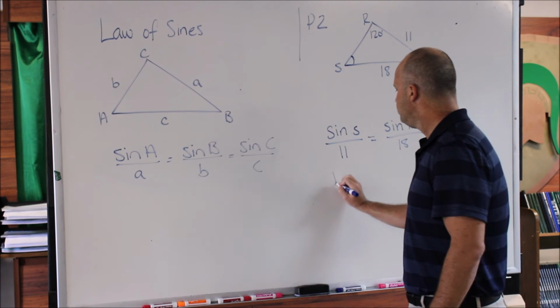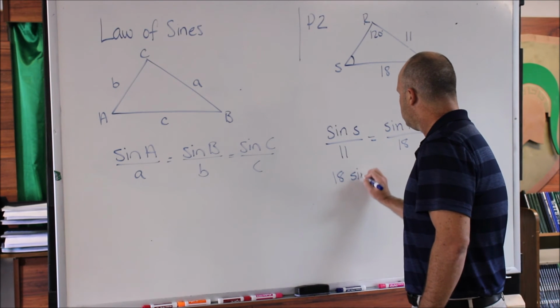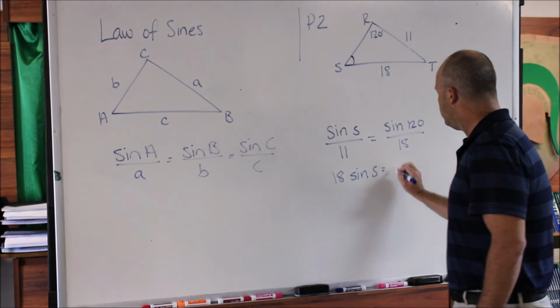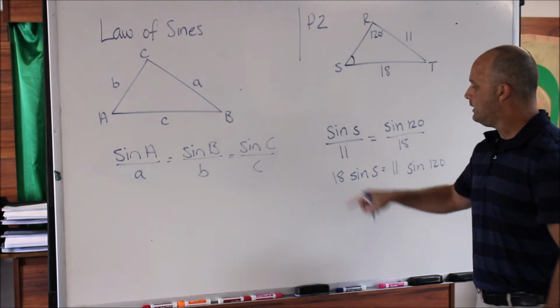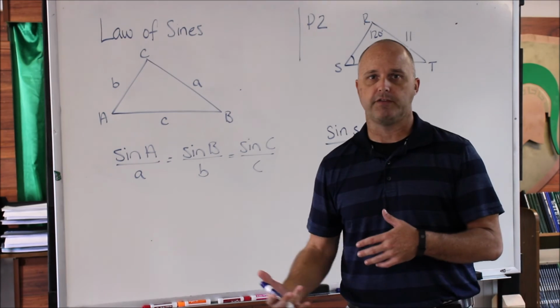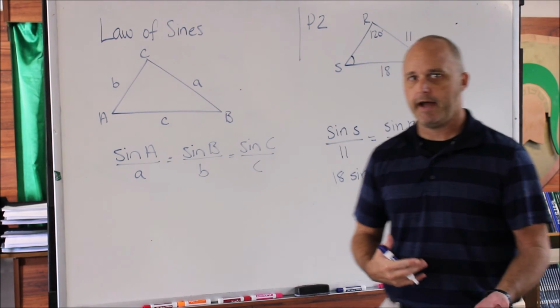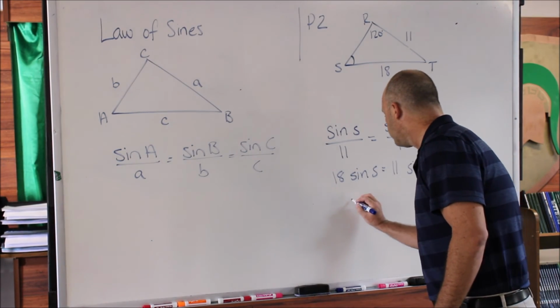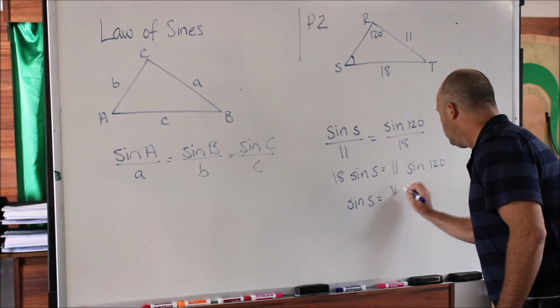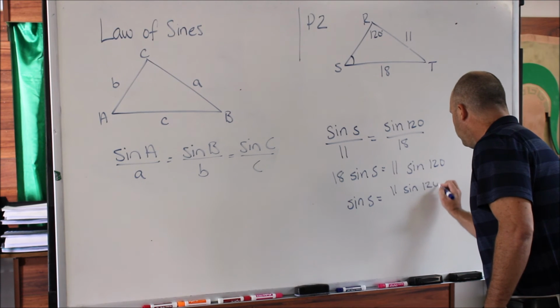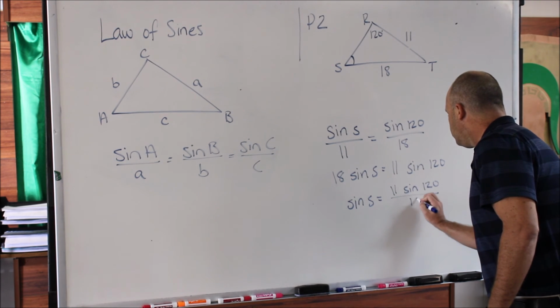So we get 18 sine of S is equal to 11 sine of 120. Now again, because this 18 is being multiplied against the sine of S, we can go ahead and divide that out in order to figure out what sine of S is. So we get sine of S is equal to 11 sine of 120 over 18.